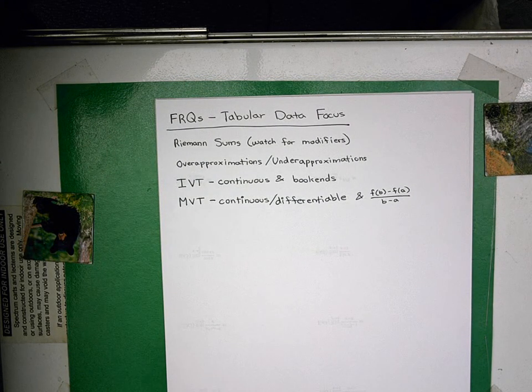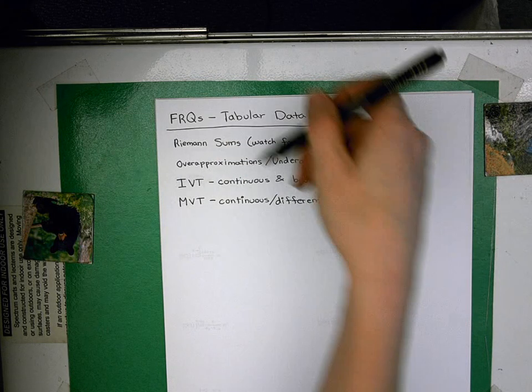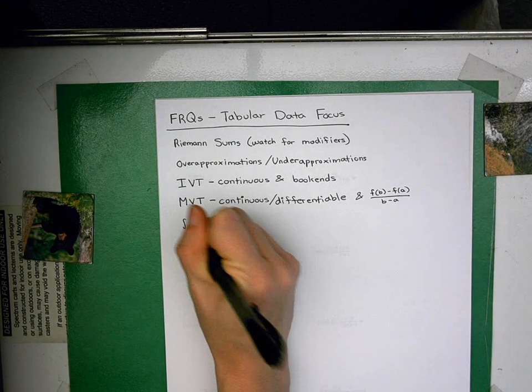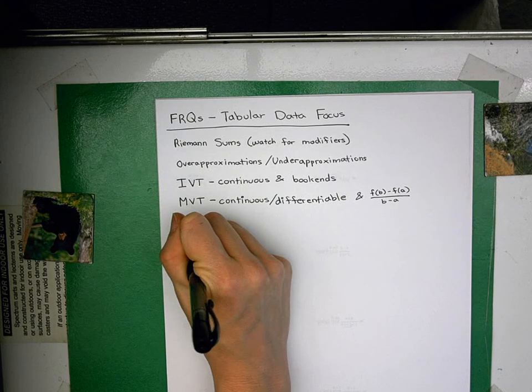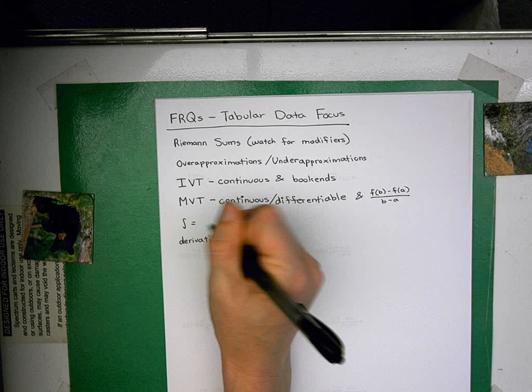All of these ideas you're going to be seeing today. Okay, and then the last couple things I want us to jot down for ourselves. I wouldn't say they apply completely to tabular data, but these are common tabular data ones. The other ones are just common in general, which is a reminder about what an integral is and what a derivative is. We've looked at both of these over the last several weeks already, but I want us to write them down.